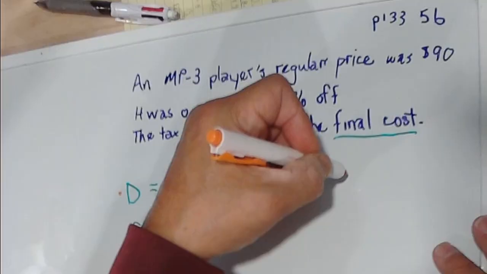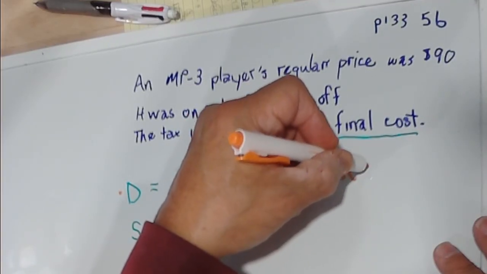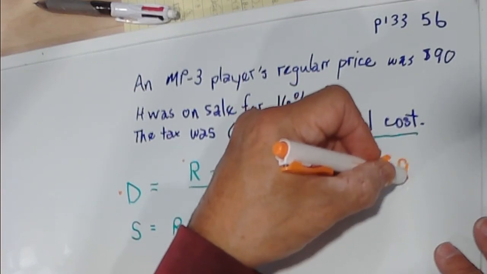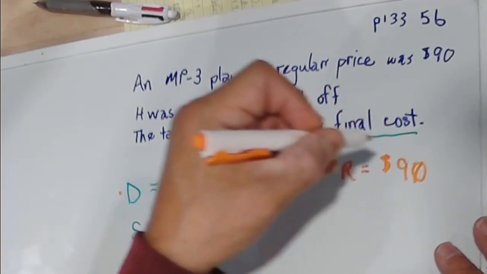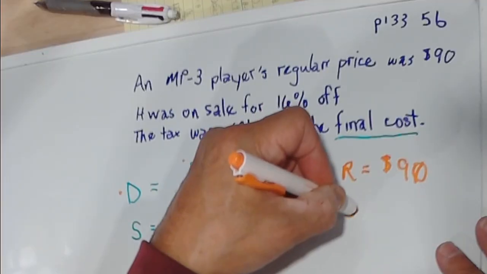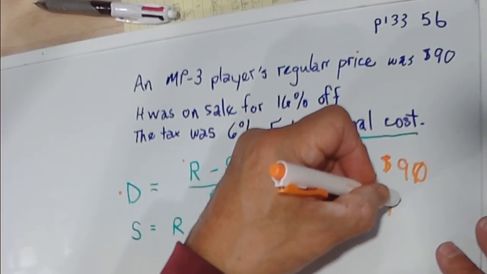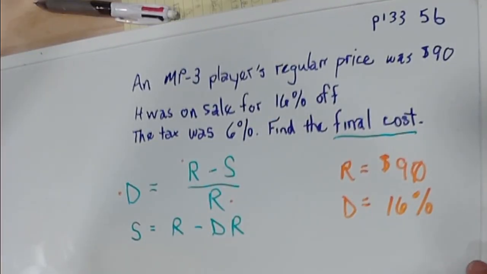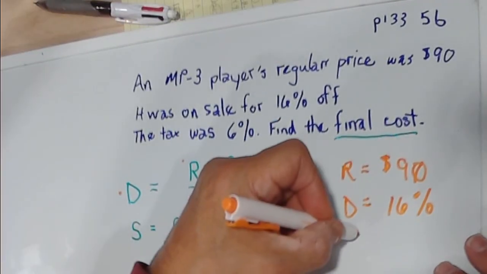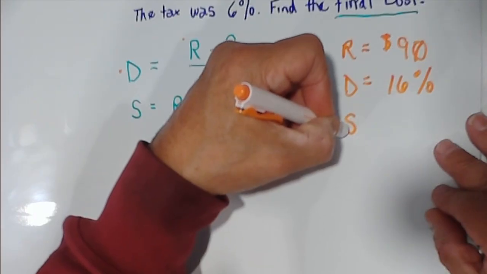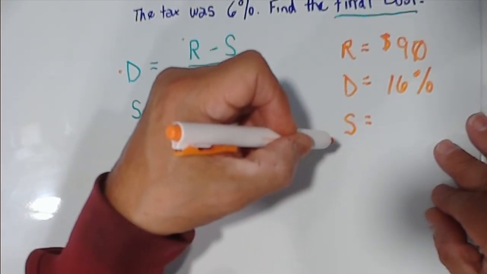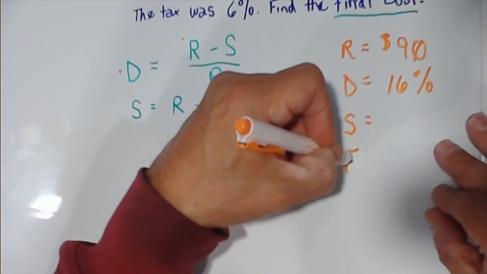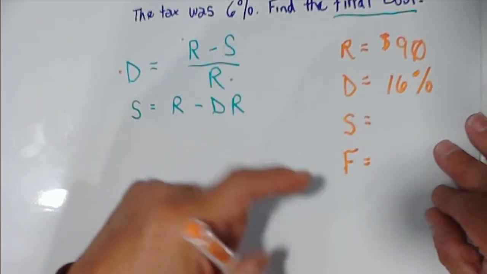We know the regular price is $90, and the discount is 16%. What we want to know is, first, the sales cost, and then the final cost.